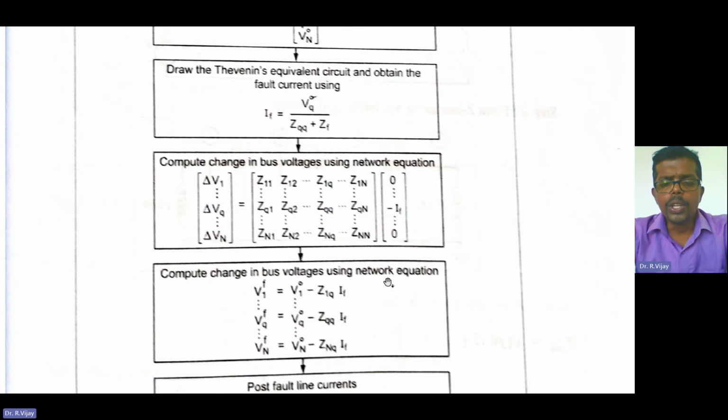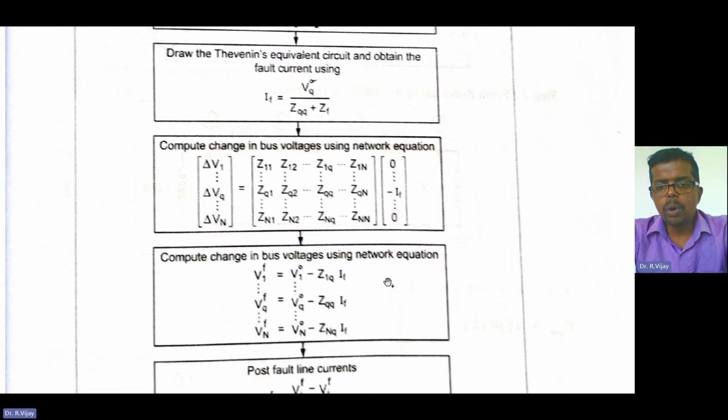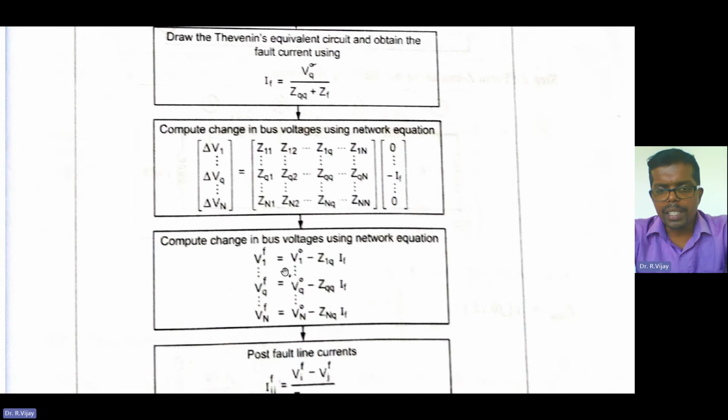Next, compute the bus voltages during the fault using the network equation. This also we have seen: V1F is equal to V1 naught minus Z1Q into IF, up to VQF is equal to VQ naught minus ZQQ into IF. Next, VNF is equal to VN naught minus ZnQ into IF.